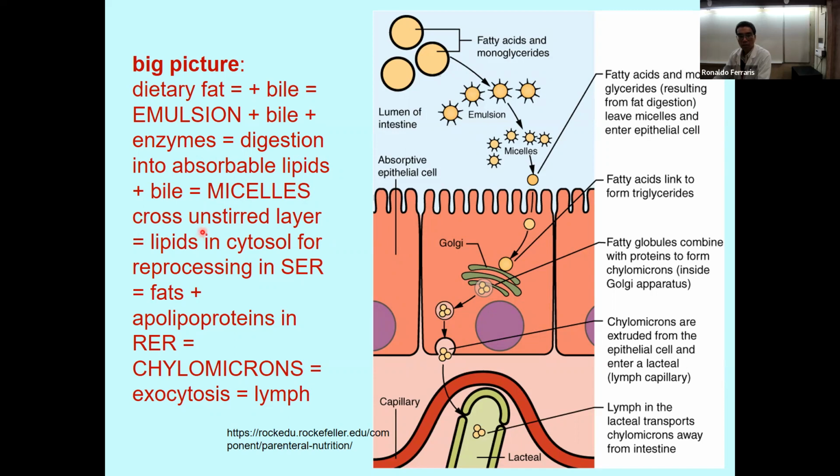They cross the unstirred layer. You can imagine an unstirred layer here. These are your intestinal cells. This is your intestinal lumen, and this is your blood side with a lacteal here. Okay, so now you cross the unstirred layer.